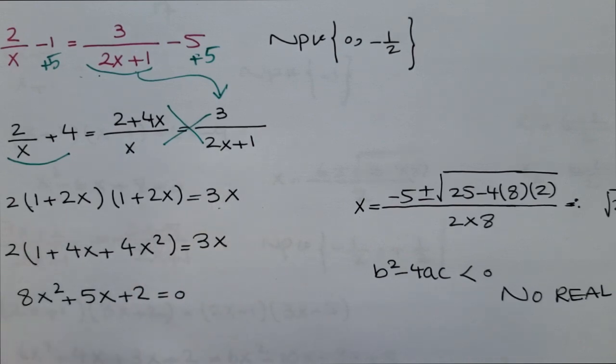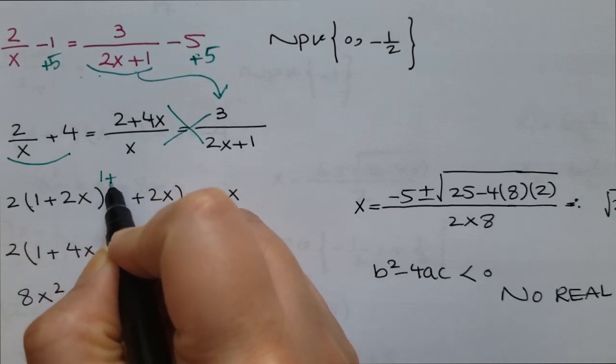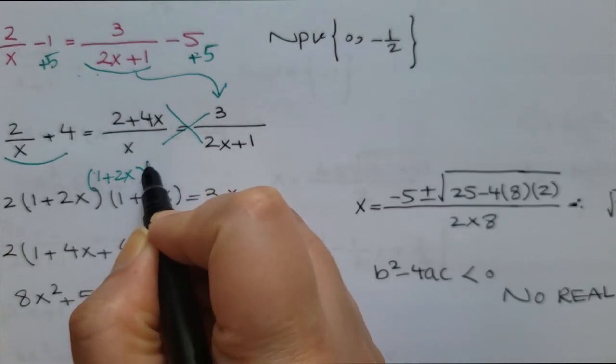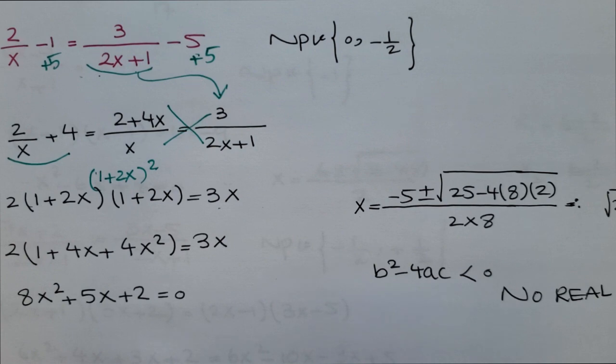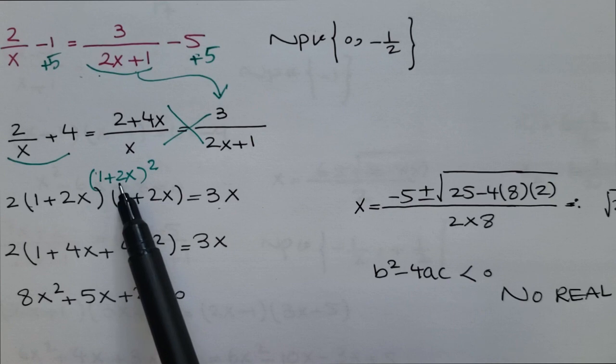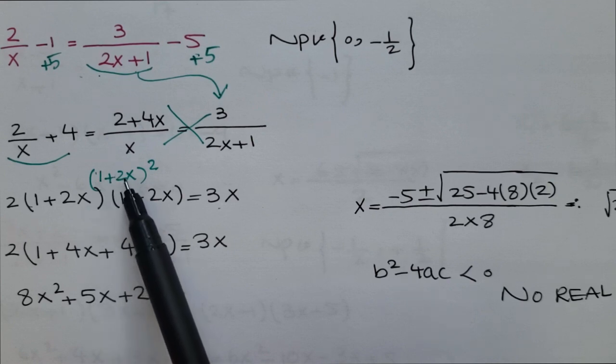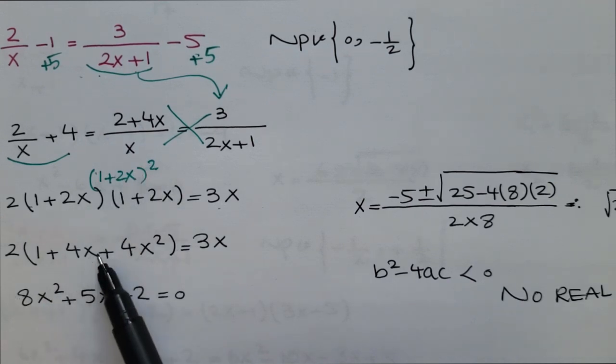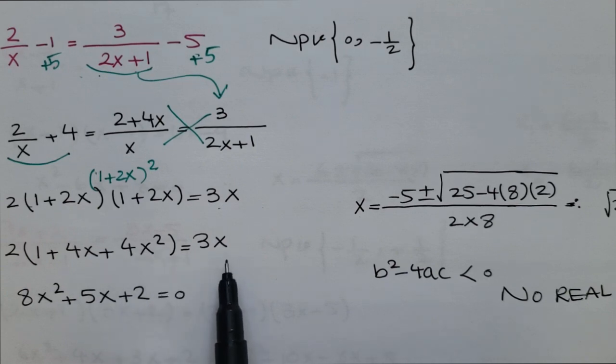So in other terms, you could say 1 plus 2x to the power 2, and I use one of the identities. It's much easier for me. So first term to the power 2, plus 2 times first term multiplied by the second term, and then the last term would be second term to the power 2, equals 3x.